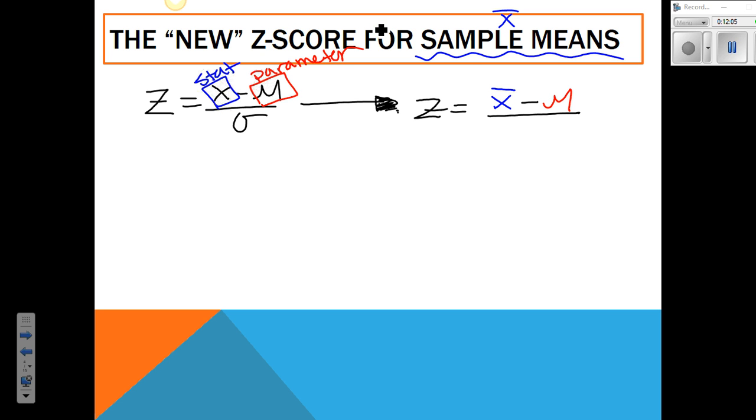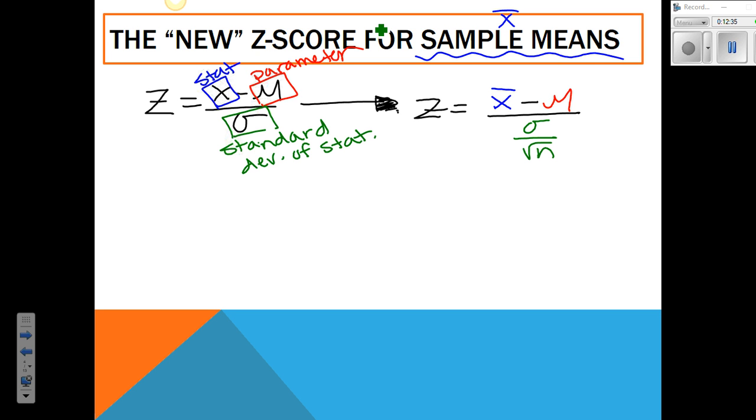Divide by. Then right here, remember this bottom part is the standard deviation. This would be our standard deviation of the statistic. Earlier today, we talked about what that looks like. So sigma is going to morph a little bit. What's sigma going to morph into? Sigma divided by the square root of n.